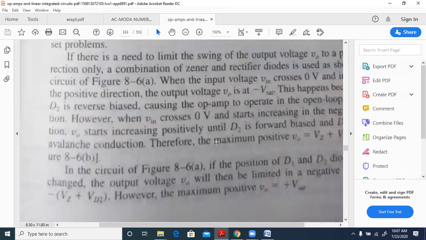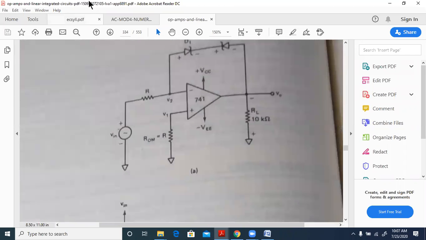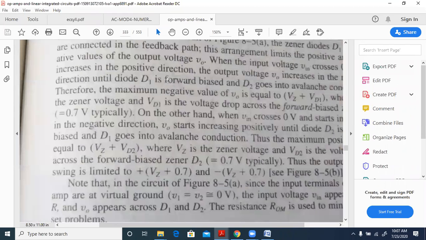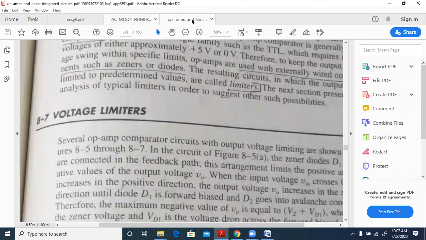These are comparators with Zeners. We will not do that. Oh, yes, voltage limiters. That is not in our syllabus, so don't bother about that, right? We'll go for the next part of the syllabus.